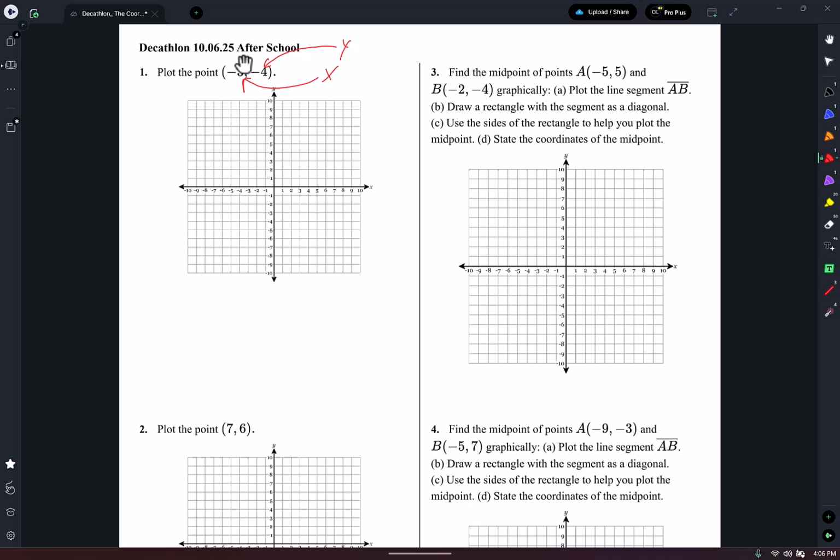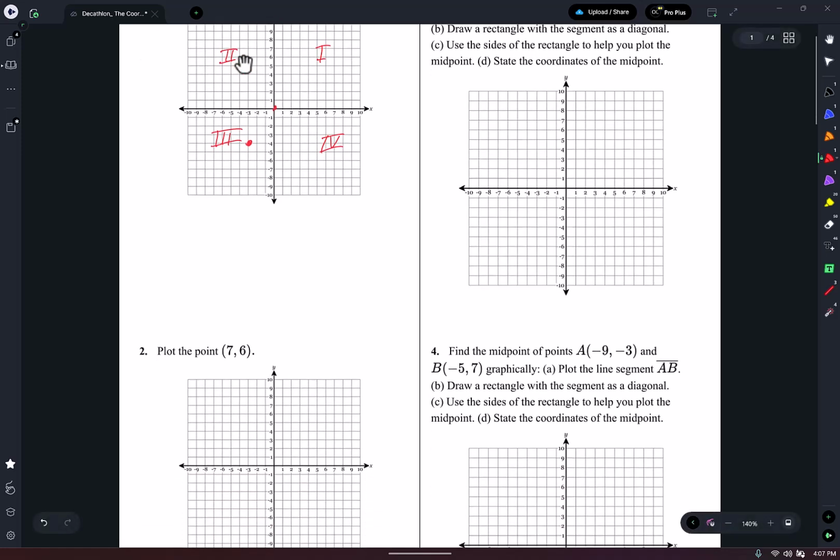They call this quadrant 1, quadrant 2, quadrant 3, and quadrant 4. So (-3, -4) is going to be in quadrant 3. You go -3, here's the origin, 3 to the left, and then 4 down, and then you put a point. That's all you're doing for the first two.